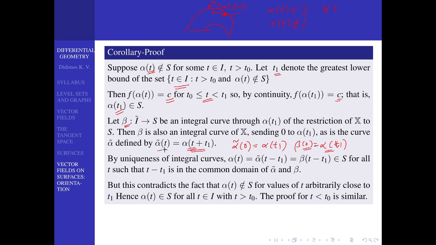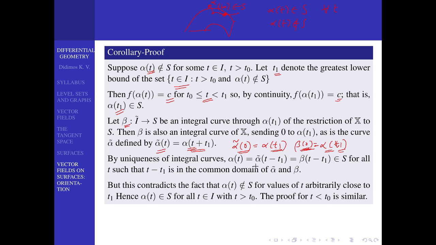So we can say that alpha tilde of t and beta are both integral curves passing through the same point alpha of t1. But we know the uniqueness of these two integral curves. So alpha tilde and beta coincide in some neighborhood of this t1.